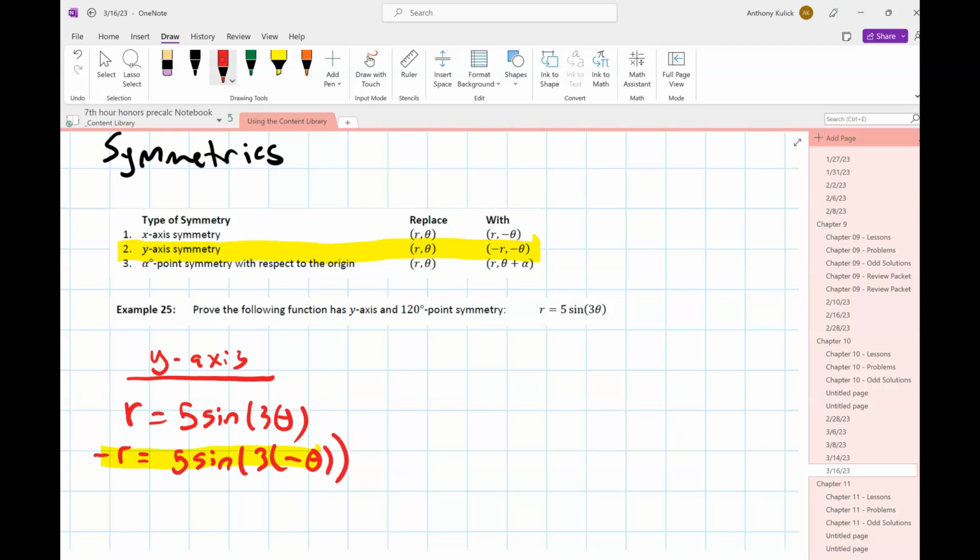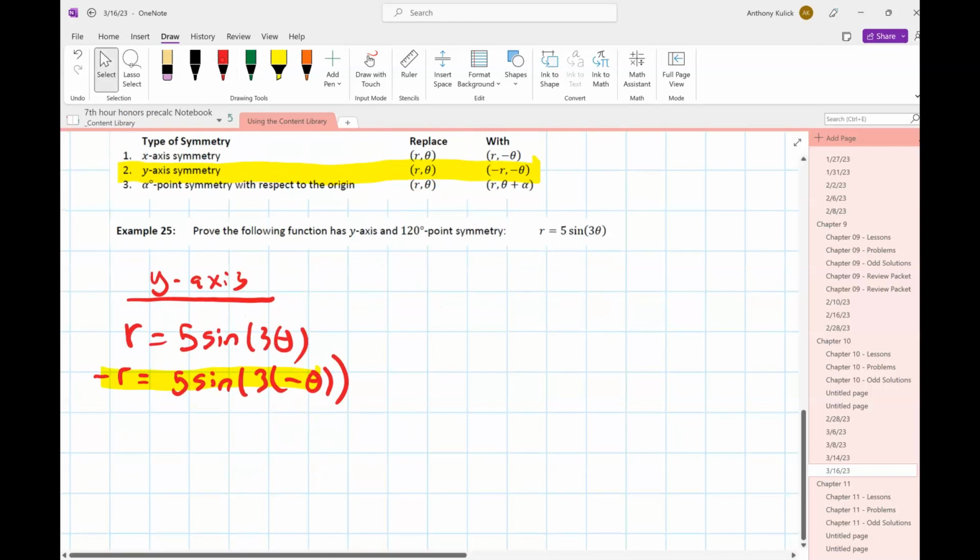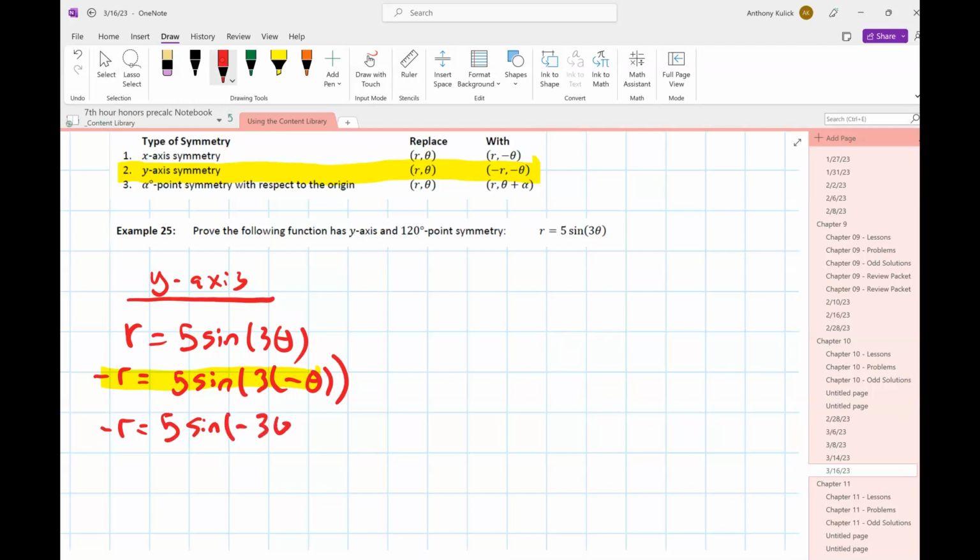So far, so good. I know that 3 times negative theta is just going to be -3 theta. And again, what are we trying to do? We're trying to end up back at r equals 5 sine 3 theta, right? So I want to look at that sine of negative 3 theta. What can I do with that?